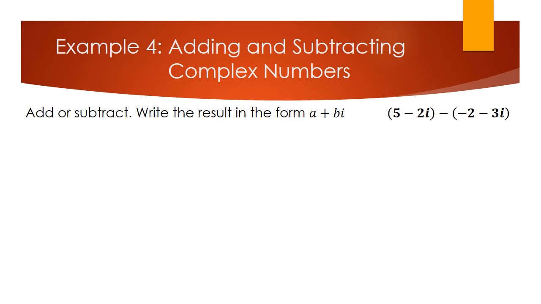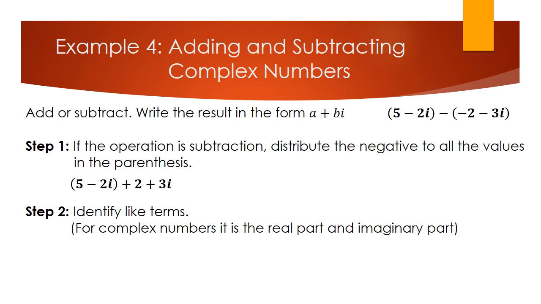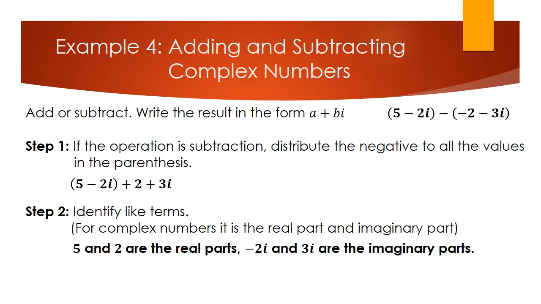Alright, 5 minus 2i minus the quantity negative 2 minus 3i. Since it's subtraction, we have to distribute the negative through. When we do that, negative times negative 2 is positive 2, negative times negative 3i is positive 3i. Identify the like terms, so the real terms and the imaginary. The 5 and the 2 are the real part.